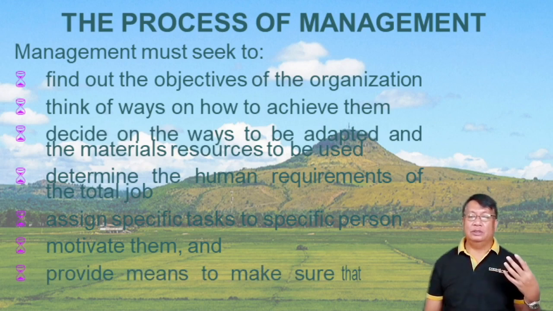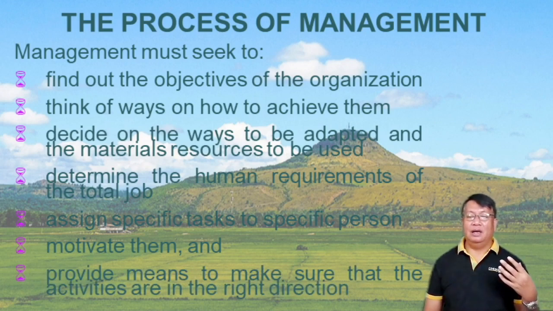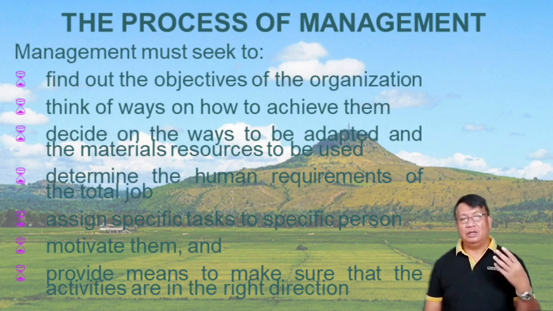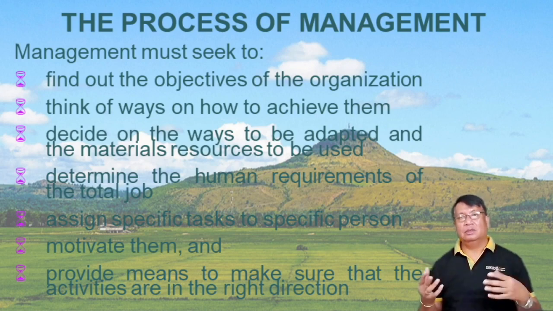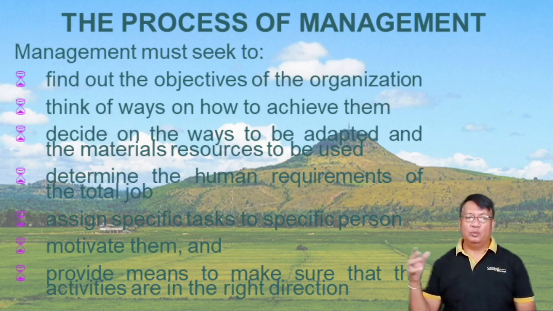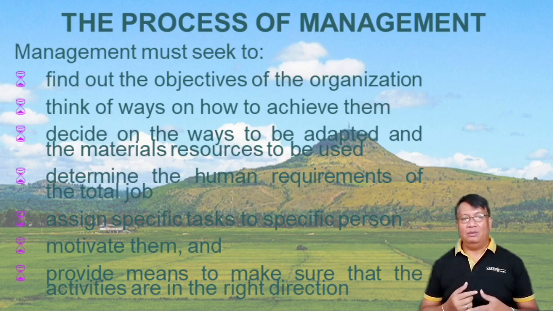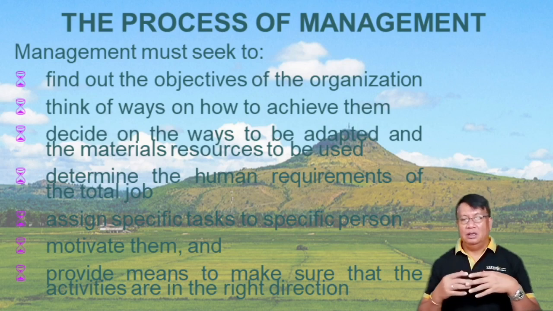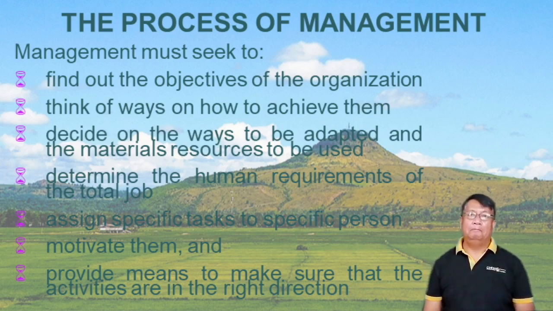And the last one here is to provide means to make sure that the activities are in the right direction. Try to evaluate. Most of the time, check if our workers, our line supervisors, for example, are still working in the right path. That is why maybe annually we have what we call evaluation, evaluating not only the performance but also the status of our project, our industry, or our organization.